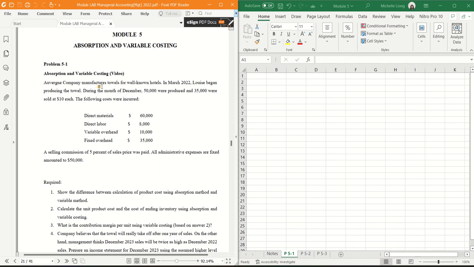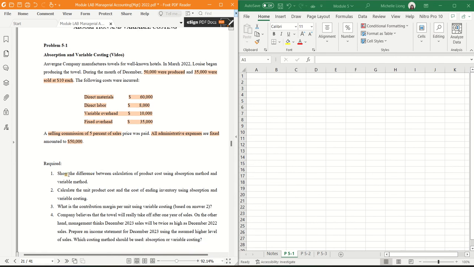During the month of December, 50,000 were produced and 35,000 were sold at $10 each. The direct materials, direct labor, variable overhead, and fixed overhead are stated below. A selling commission of 5% of sales was paid, and all administrative expenses are fixed, amounting to 50,000.